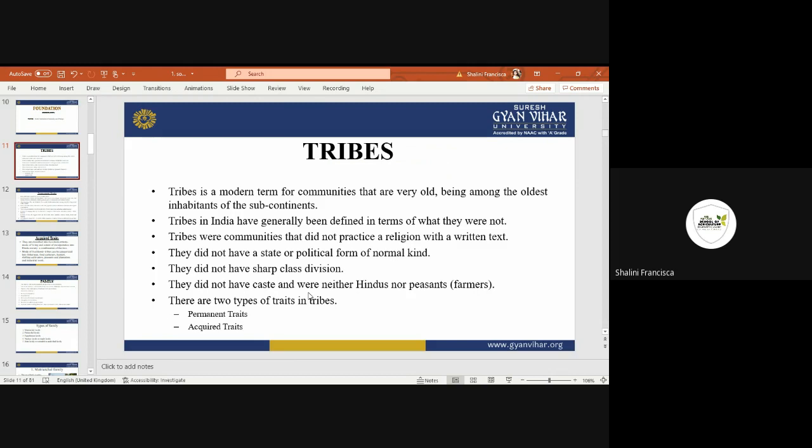So, tribe is a modern term for communities that are very old, being among the oldest inhabitants of the subcontinent.